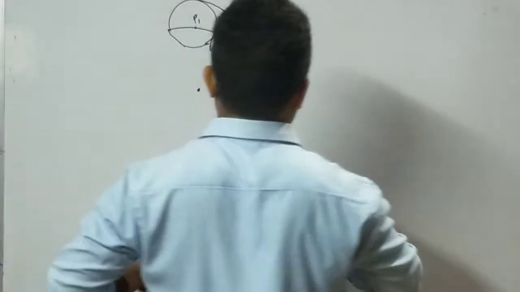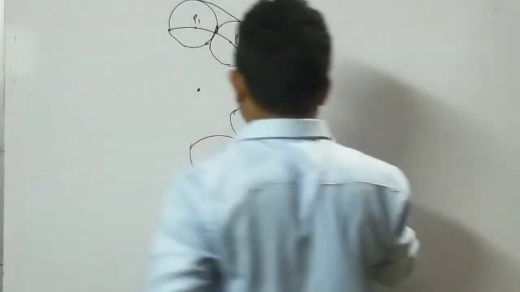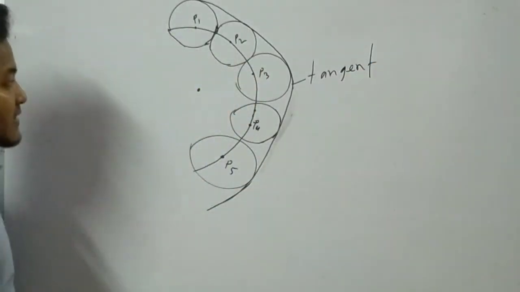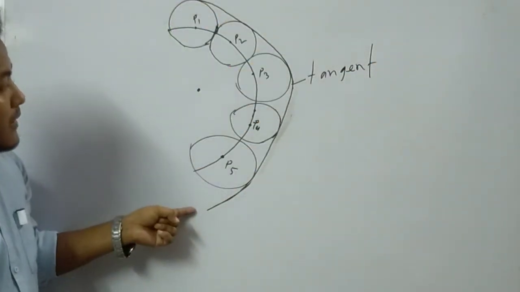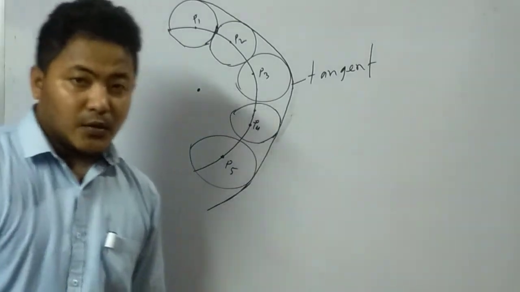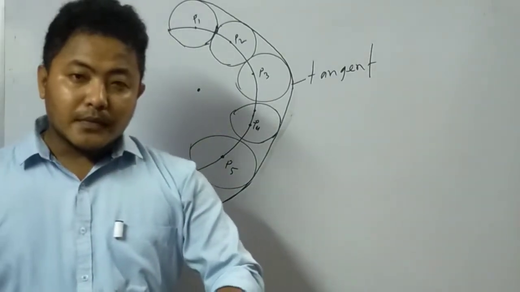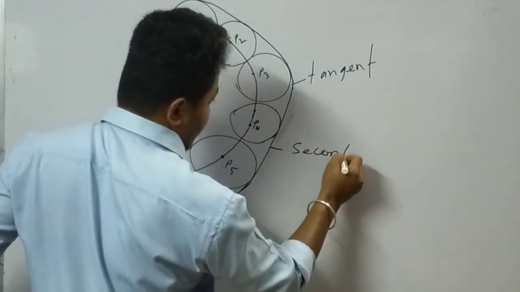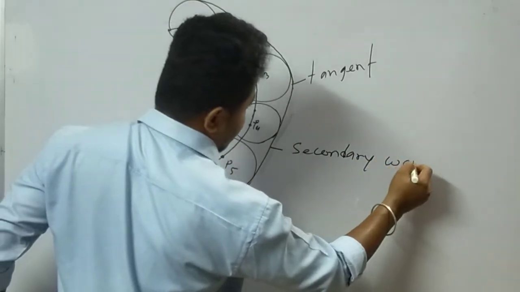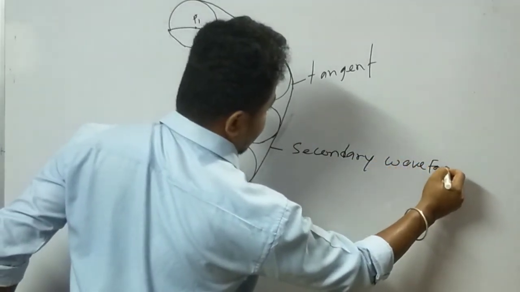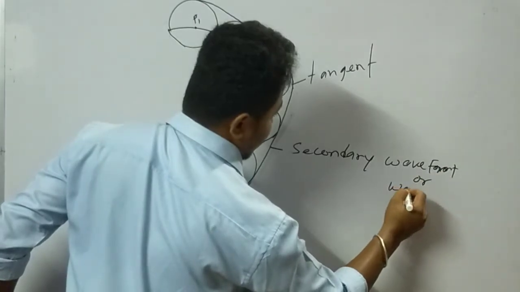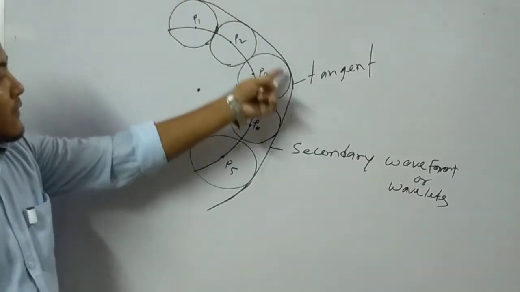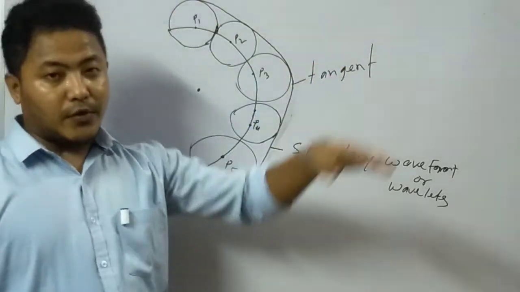This tangent, drawn in the plane of this wavefront, will give us the positions of the new wavefront, and this wavefront will be known as the secondary wavefront, or it is also known as wavelets, remember. So like that we can find the positions of the new wavefront.